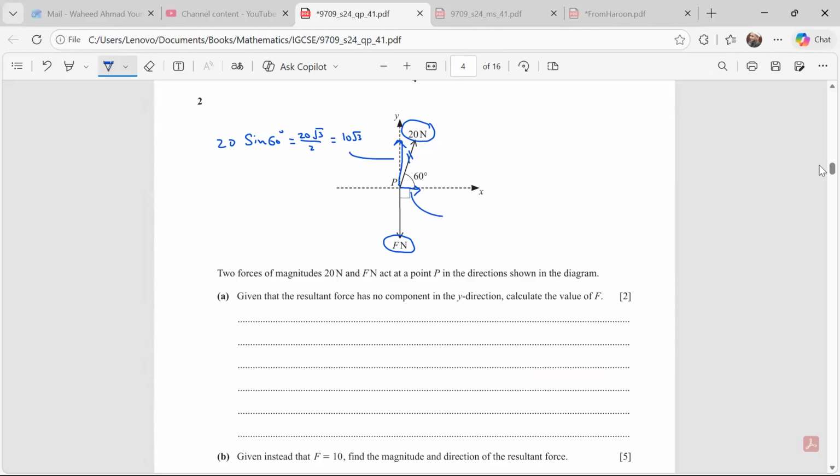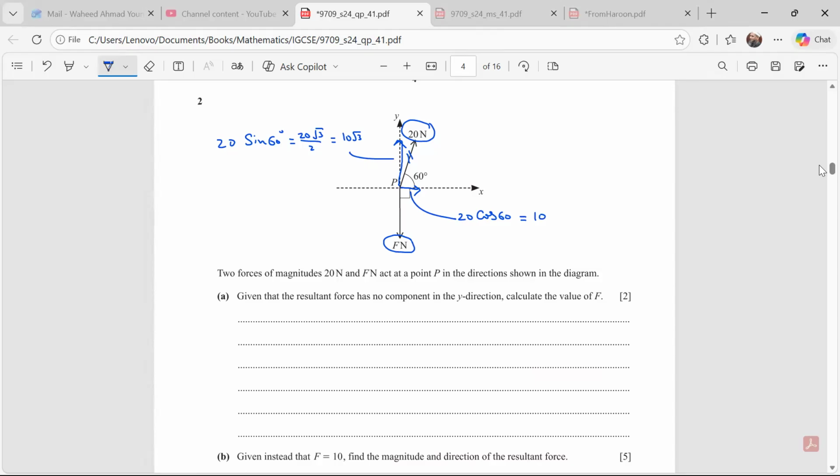And this component is going to be 20 times cos of 60 degrees, and cos of 60 degrees is 1 by 2, so this is going to be 10 Newton only.